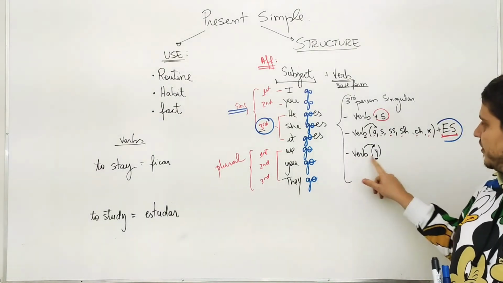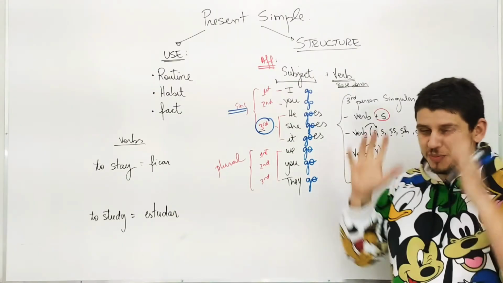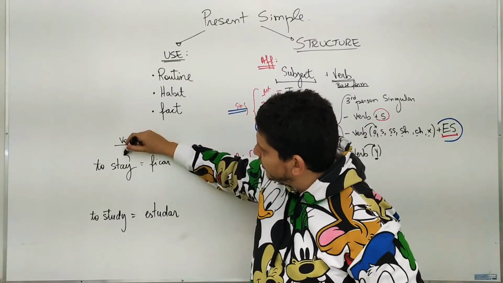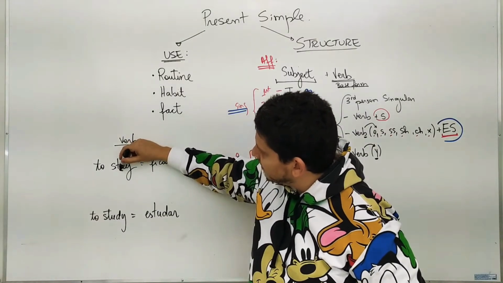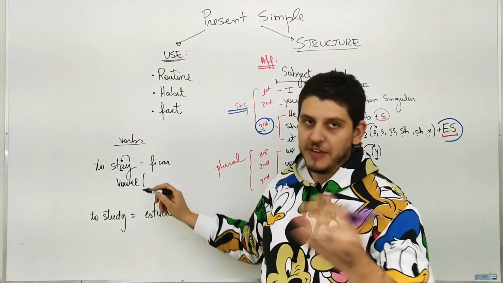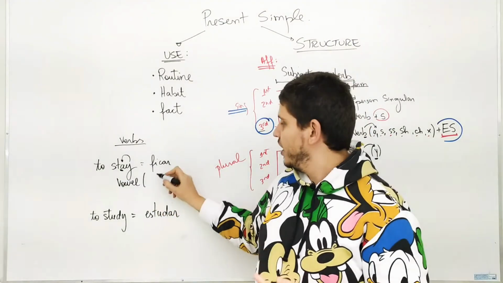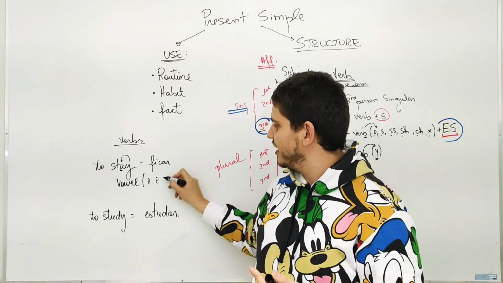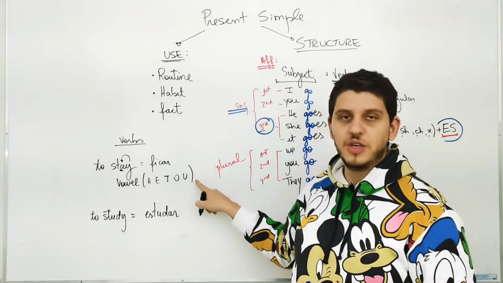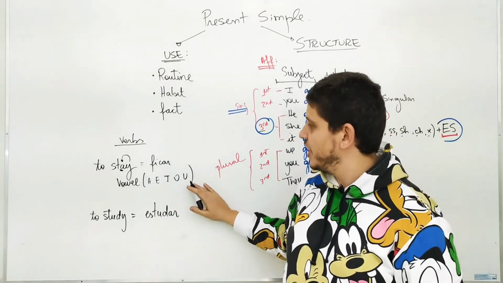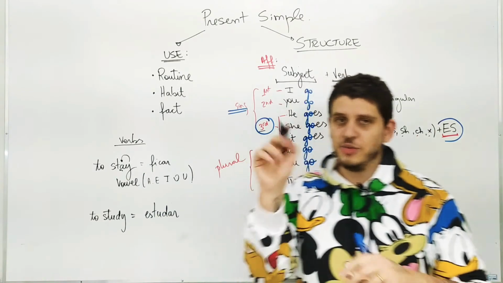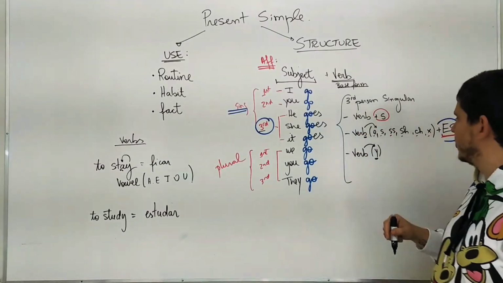Look at that. If the verb finishes in Y, we need to analyze. Check the verb. If before the Y you have a vowel, like here, remember what are the vowels? We have A, E, I, O, U. These are the vowels. If before my Y I have a vowel, nothing happens. We only add S normally.